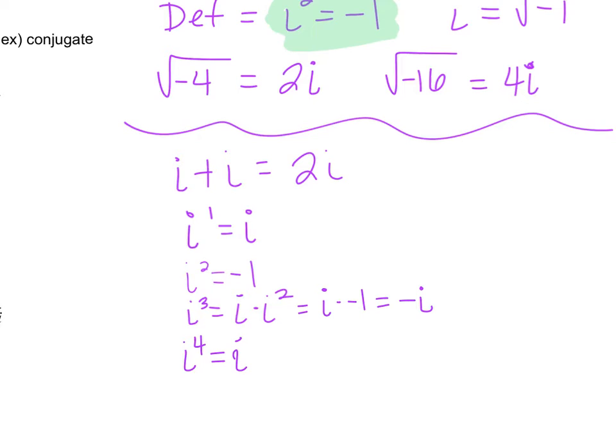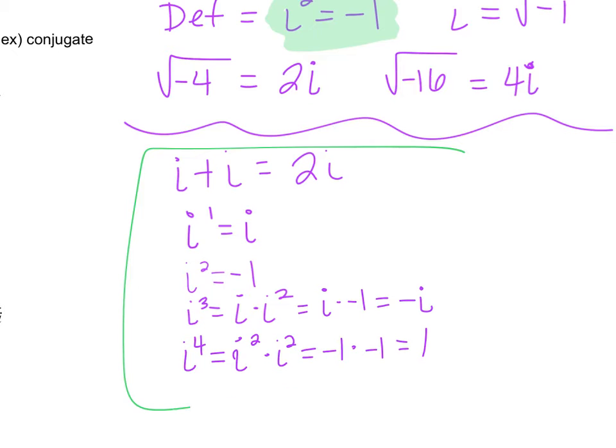That would be like i squared times i squared. So that would be -1 times -1, which would equal +1. Okay, so i to the fourth power is +1. So I would definitely keep these things in mind. We're going to be using these a lot today.